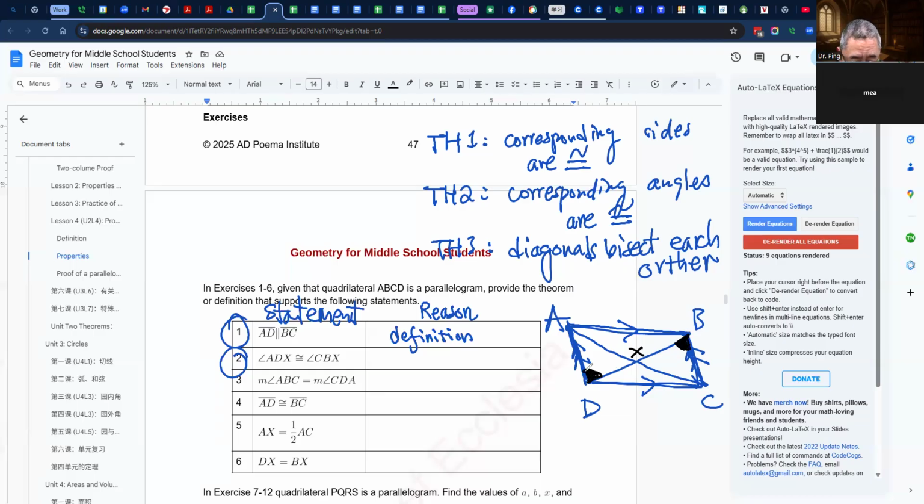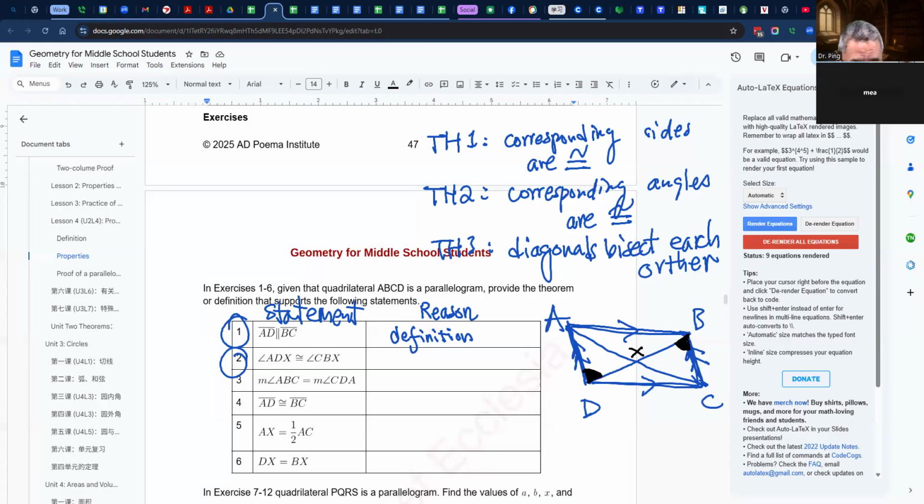So what's this based on? Yeah, it's alternate interior angles.